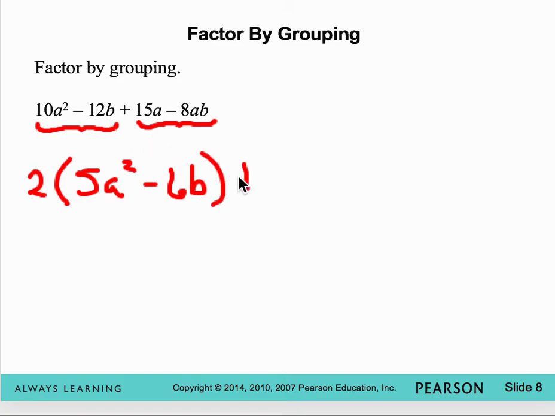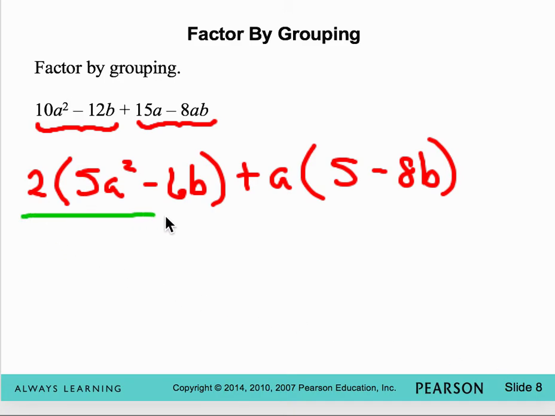Plus sign this time, so no worries. These have an a in common. If I factor an a out, it leaves a 5 minus 8b. So here's my two terms. Is 5a squared minus 6b the same as 5 minus 8b? No. So that didn't work.